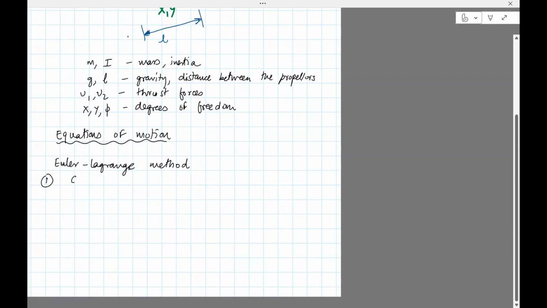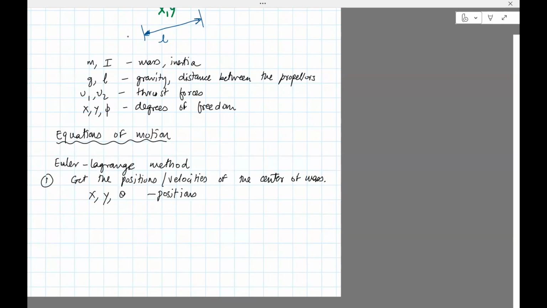So the first step was to get the positions and velocities of the center of mass. Here we are fortunate that we don't really need to do much work. x, y, phi are the positions, and x dot, y dot, phi dot are the velocities. So that is fairly straightforward here.